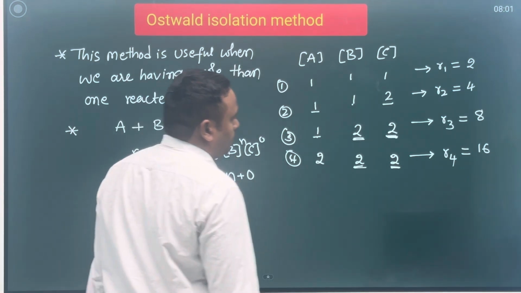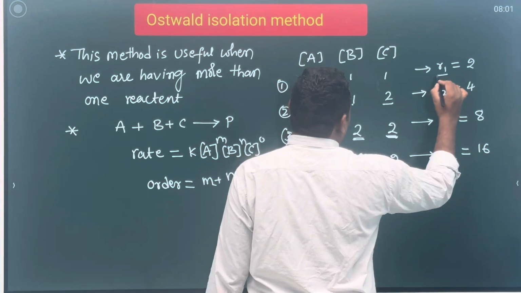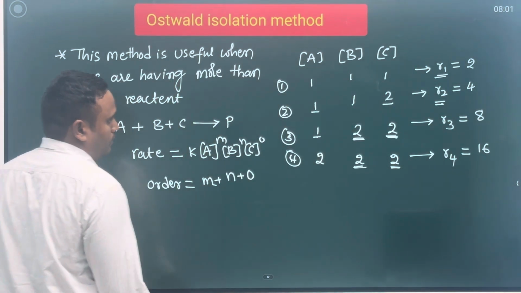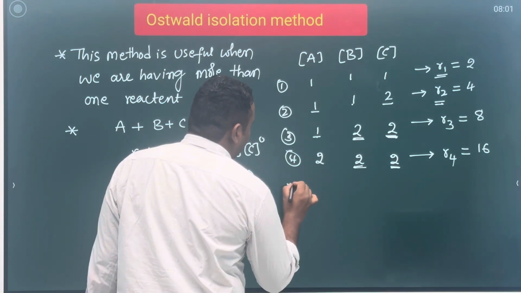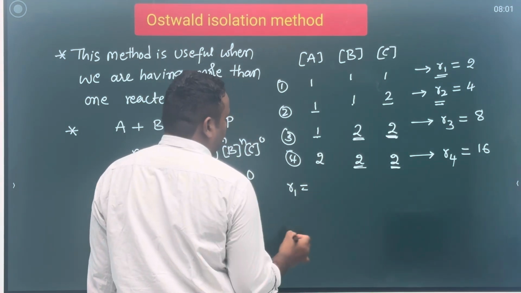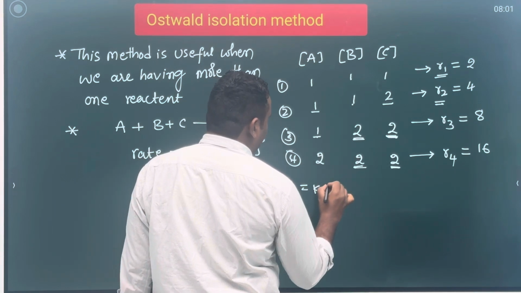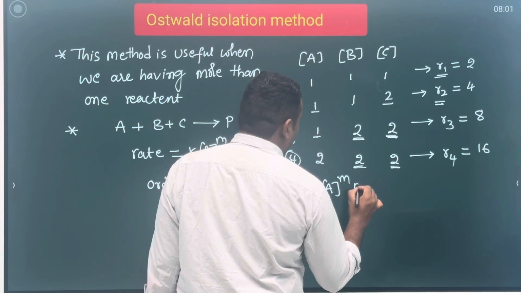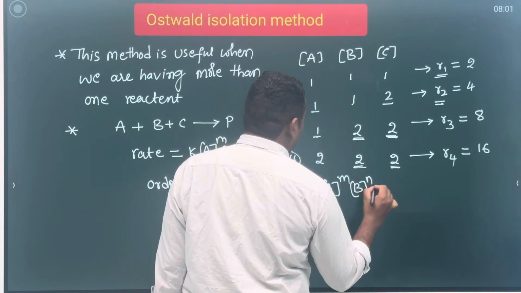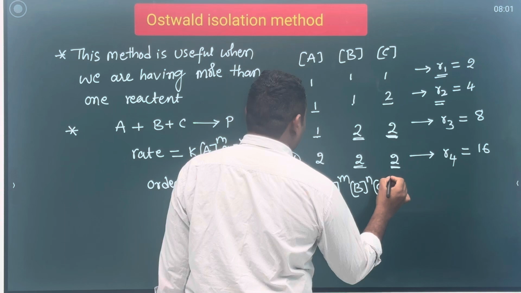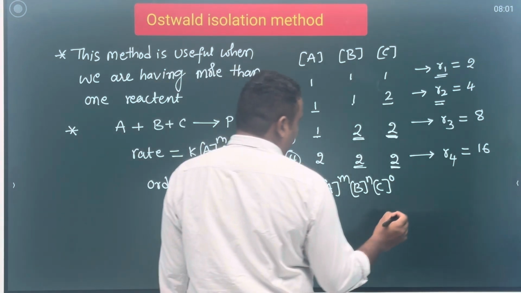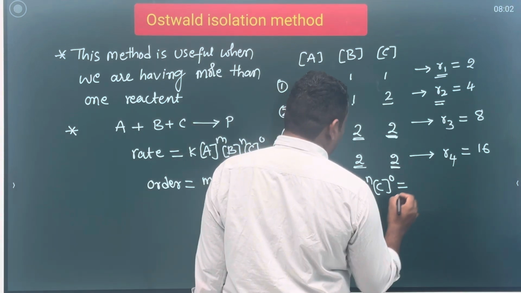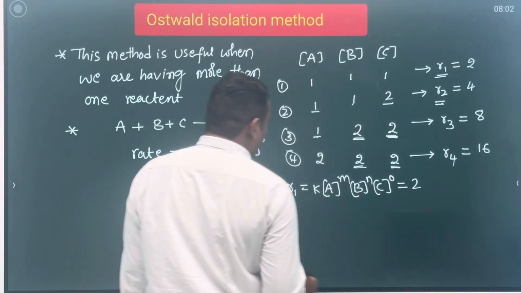Okay, so now you compare the R1 and R2, you will get the rate with respect to C. Okay, so now we know R1 is equal to what? K into A power M, B power N, C power O. So the rate here is 2.